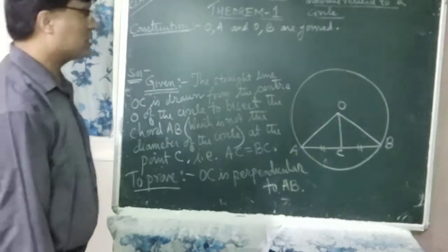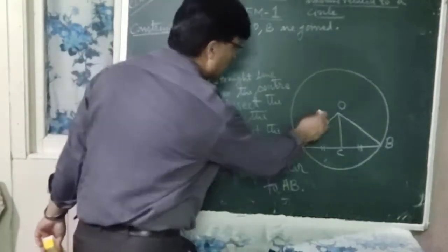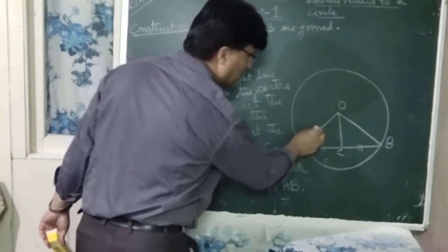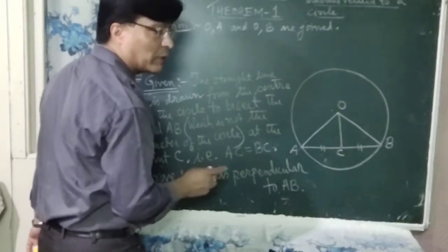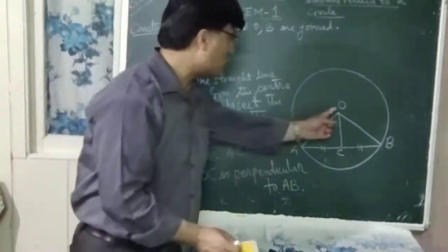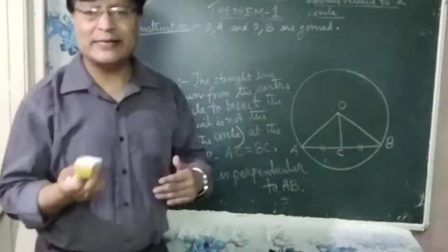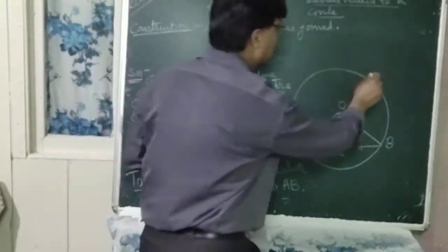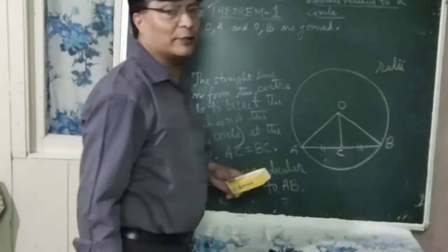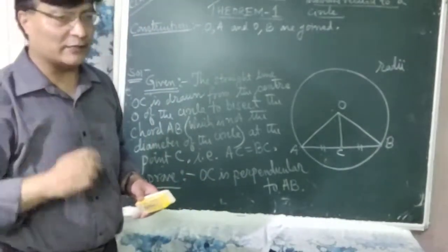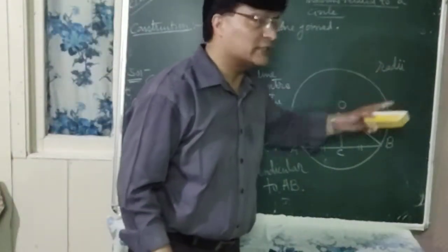Okay? So हामीले यहाँ के देख्यौं भन्दाखेरि यो OA भयो, radius of the circle. OB is also the radius of the circle. You know that this OA and OB are the radii of the same circle. Radii भनेको RADII. Radii is the plural form of radius. Radius को बहुवचन चाहिँ के हो?